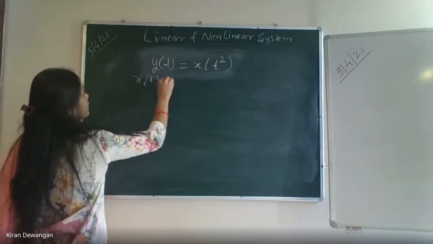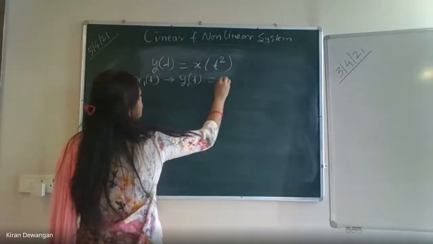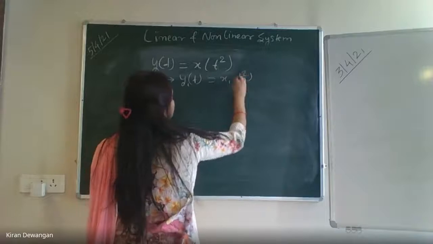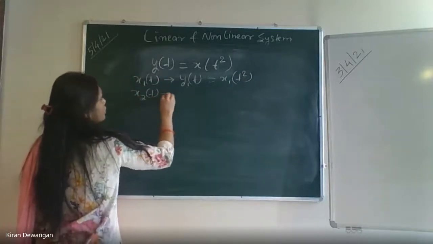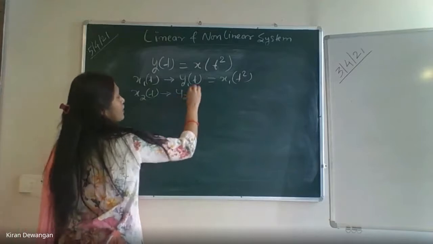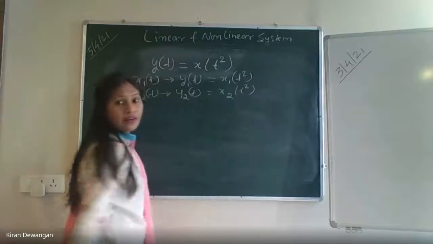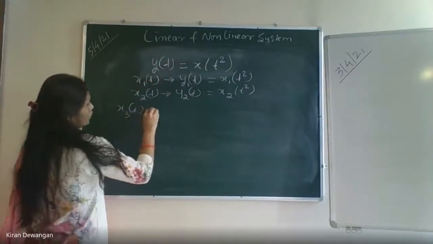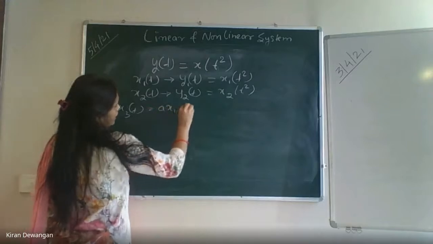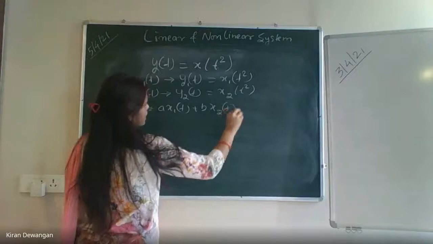x1t will produce an output y1t, and this equals x1t square. x2t will produce an output y2t, this is x2t square. Now x3t, the weighted sum of input, is a x1t plus b x2t.